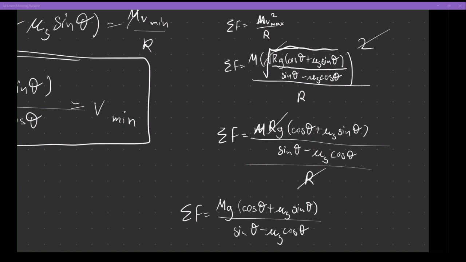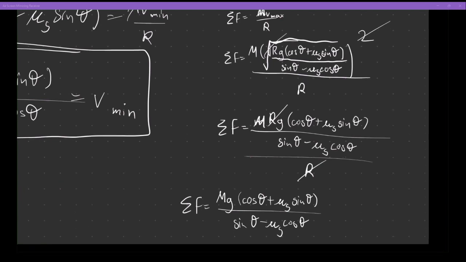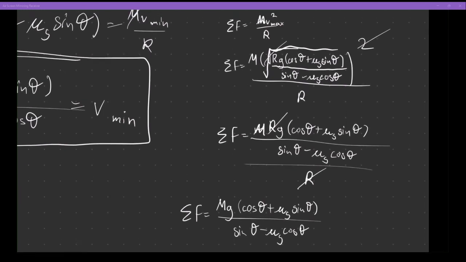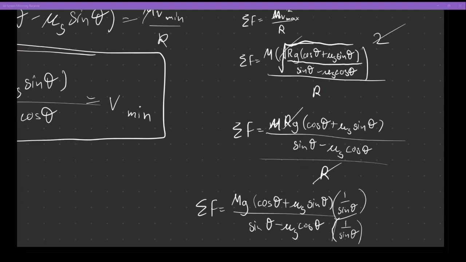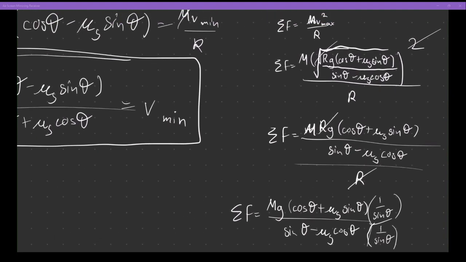However, I can divide every single term by sine of theta. So I can multiply by 1 over sine theta in the numerator and denominator. Doing that, I get that the net force is equal to mg times cosine over sine, which is cotangent of theta, plus mu s.